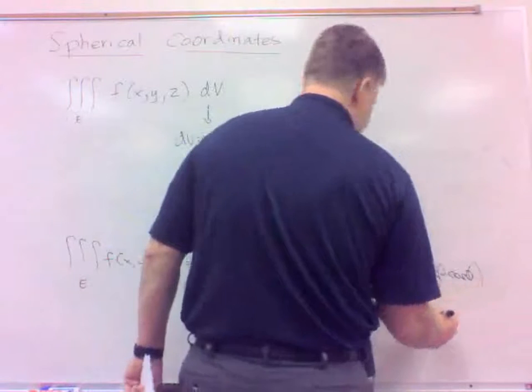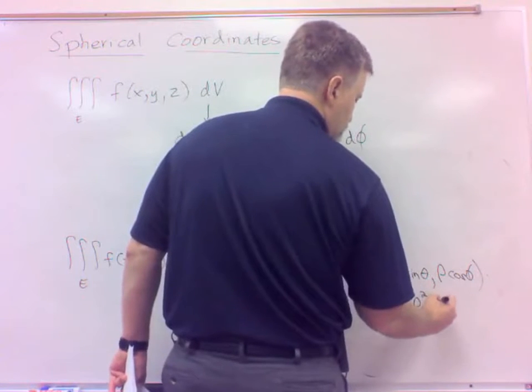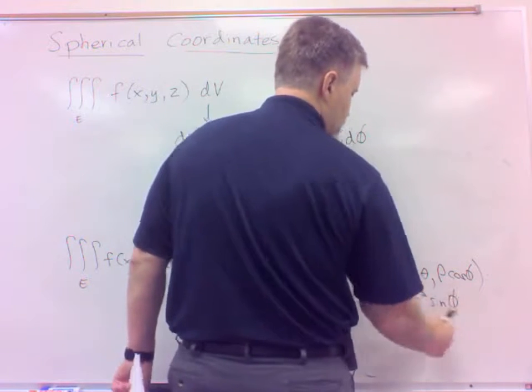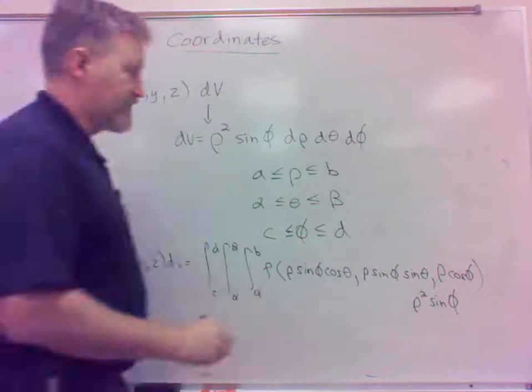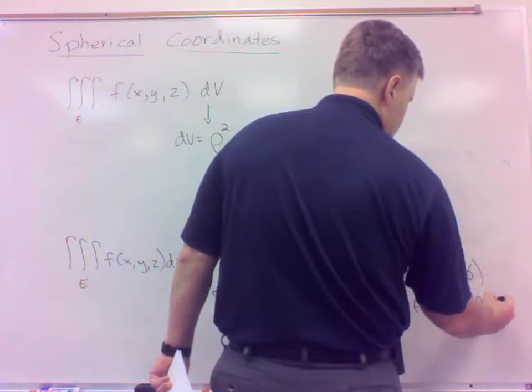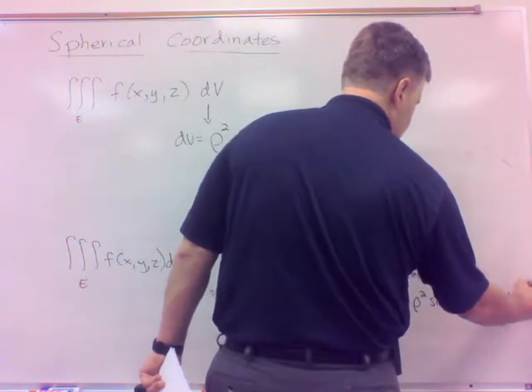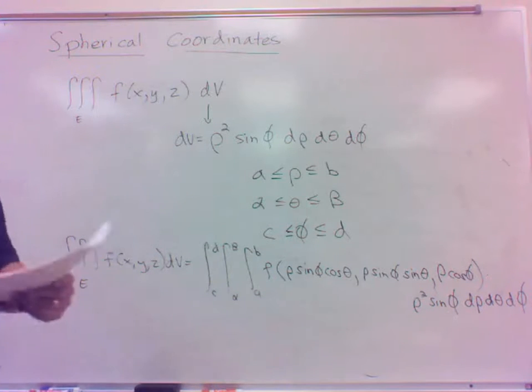And then you have times rho squared sine of phi, just like in cylindrical, we add the r with our dr and d theta. D rho, d theta, d phi. That's the order we try to do those. So it looks pretty bad, but usually it's not too bad.